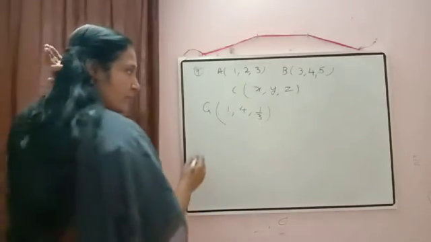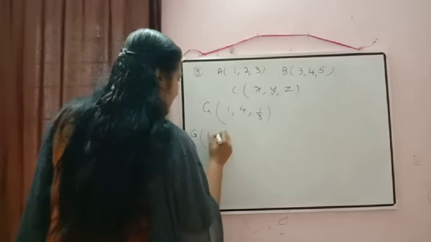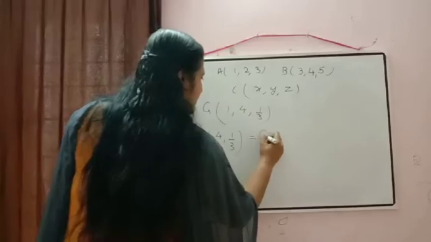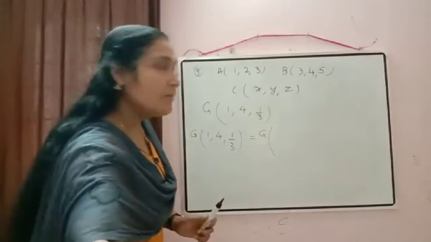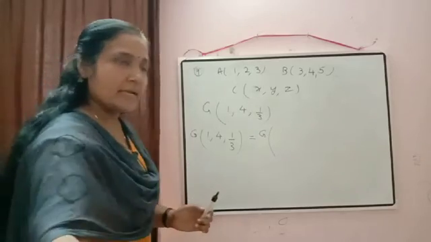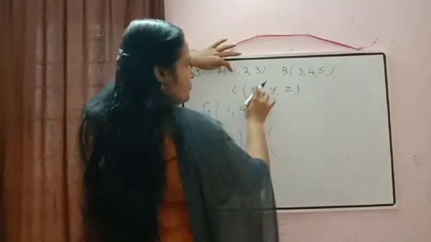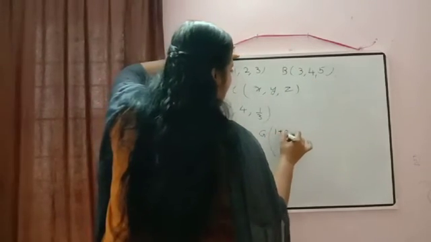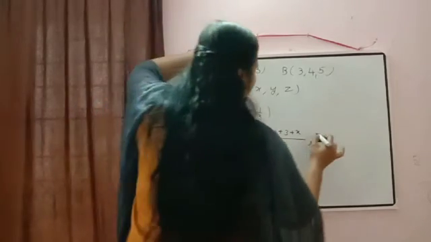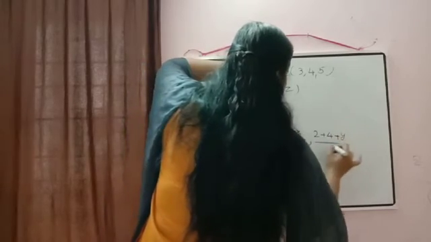Now according to the formula, we can check what will come. Here it is already given that the centroid is (1, 4, 1/3). According to the formula of the centroid, we will check what it will be: (x1 plus x2 plus x3) by 3, so (1 plus 3 plus x) by 3. Then next, (y1 plus y2 plus y3) by 3.